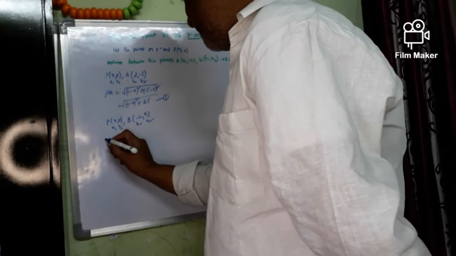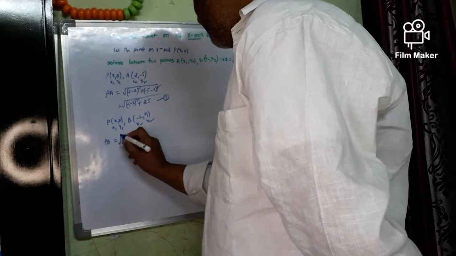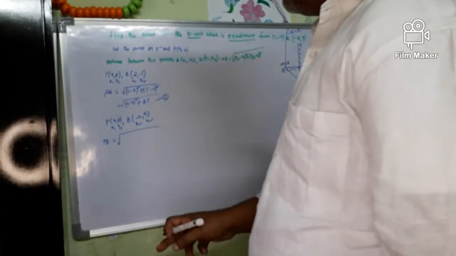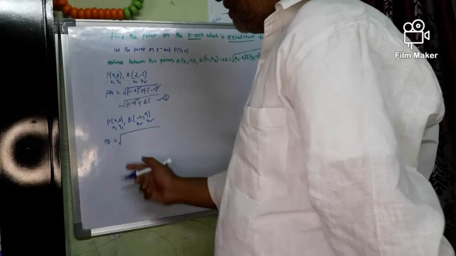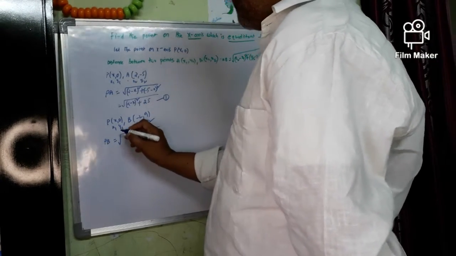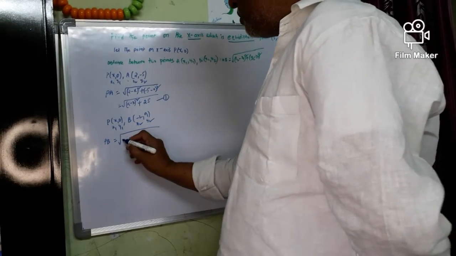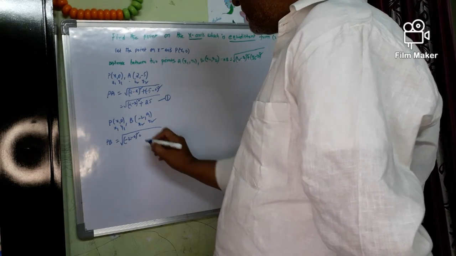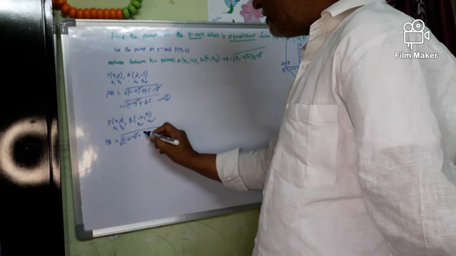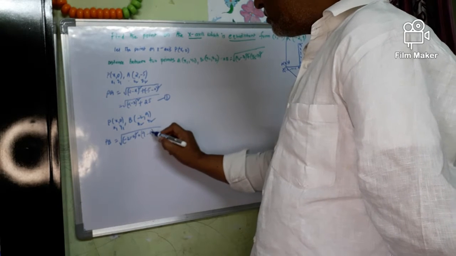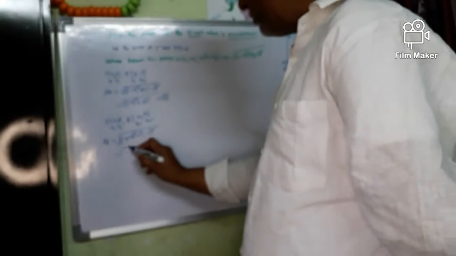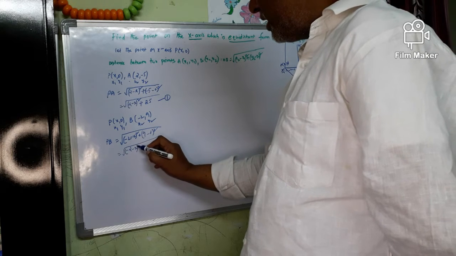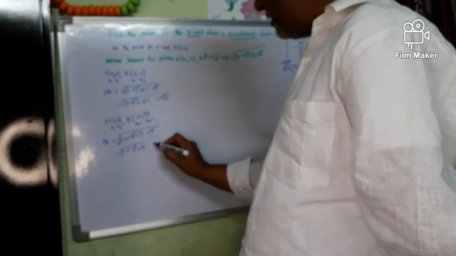PB is equal to the square root of, putting these values in the formula, (-2 minus x) whole square plus (9 minus 0) square, so the square root of (-2 minus x) whole square plus 9 nines are 81. This is equation number 2.